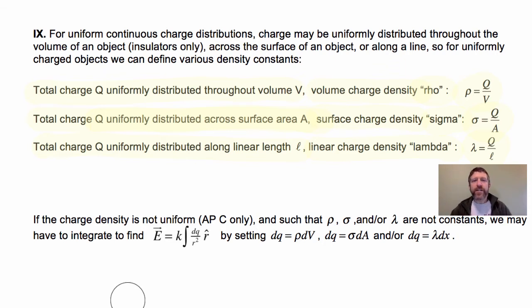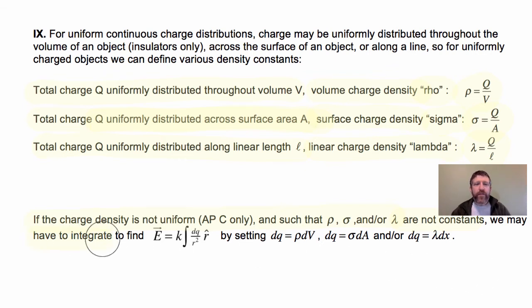Typically, we only deal with that in AP Physics C, but if you have a non-uniform charge density, rho, the volume charge density, sigma, the surface charge density, and lambda, the linear charge density, they do not have to be constants. They may be variables that depend on space. In other words, they may depend on x or r.